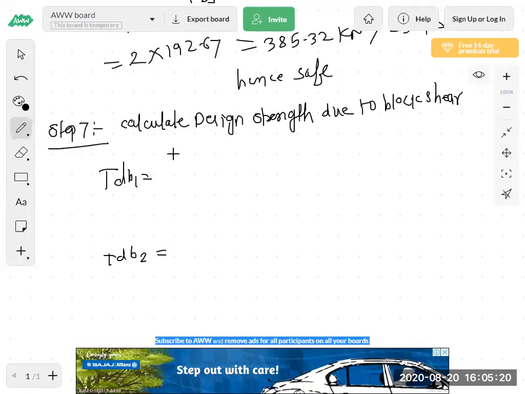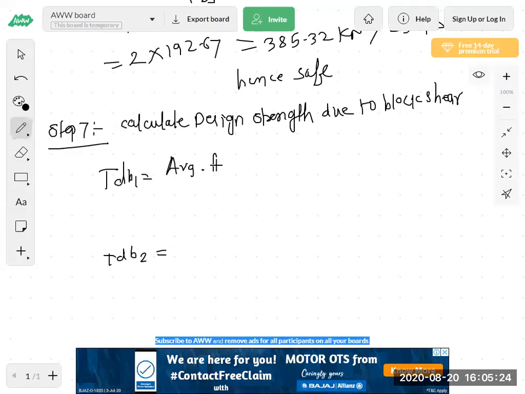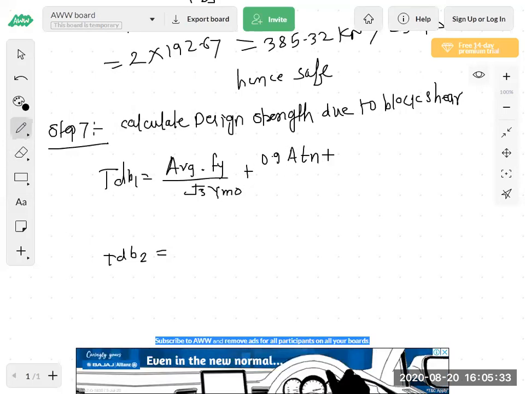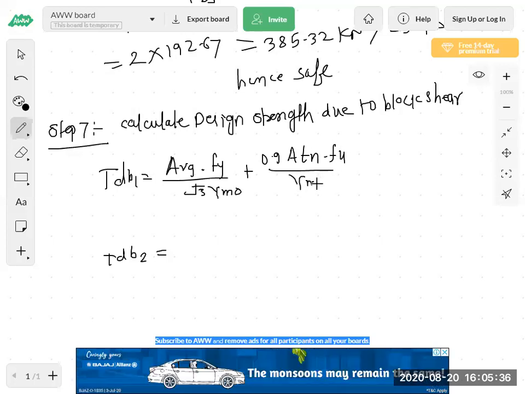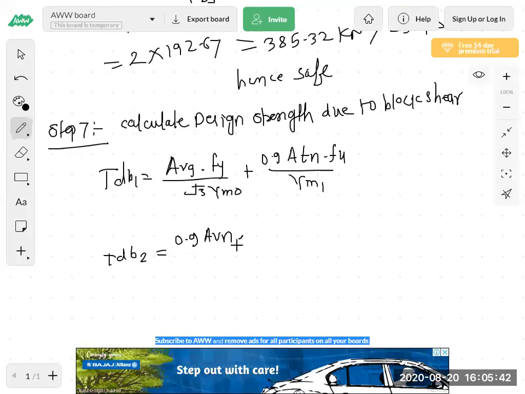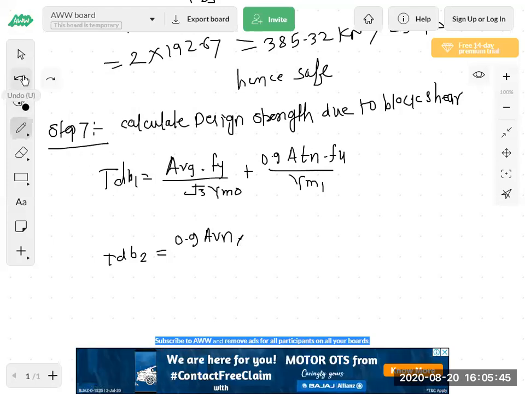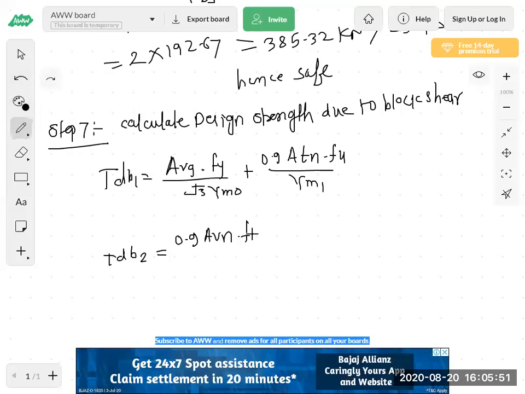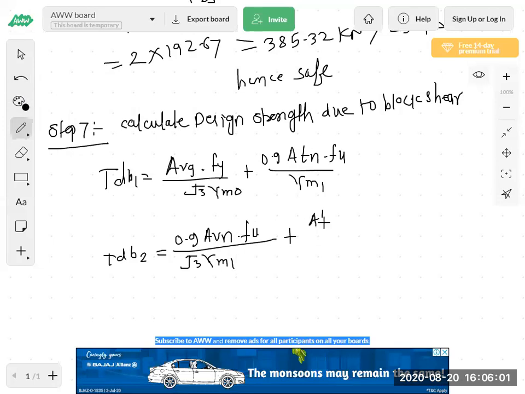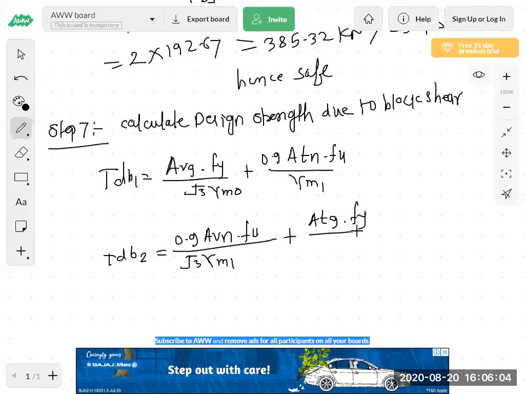So TDB1 is AVG into Fy divided by root 3 gamma m naught plus 0.9 ATN into Fu divided by gamma m1, and the second formula is 0.9 AVN into Fu divided by root 3 gamma m1 plus ATG into Fy divided by gamma m0.